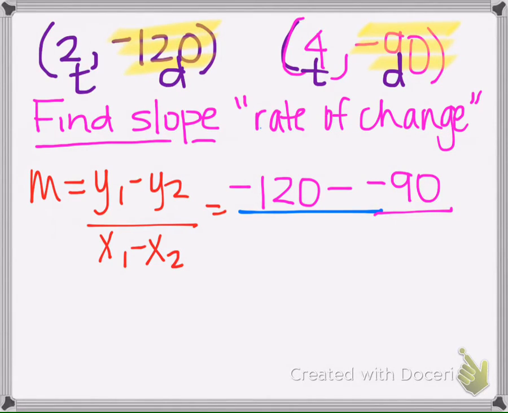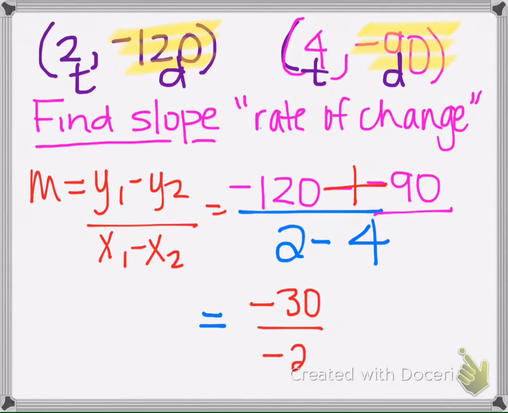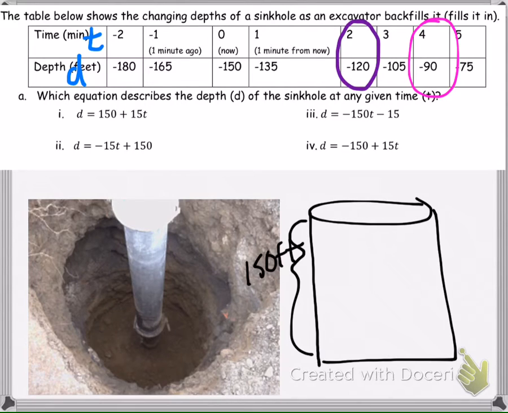In this case, we're using time, t. So we get a rate of change of positive 15. So that means the number in front of the t should be positive 15.